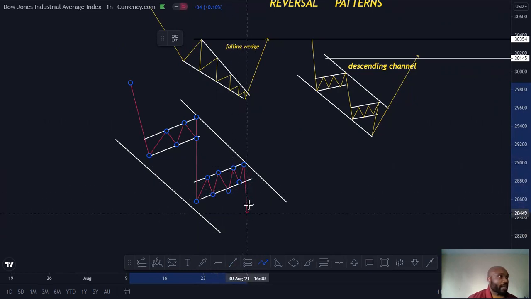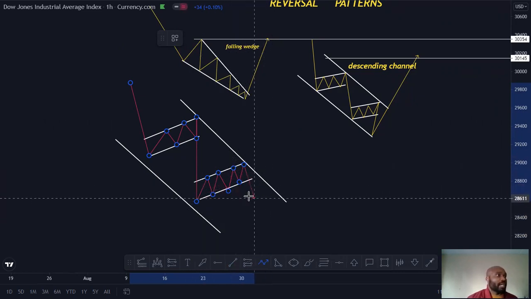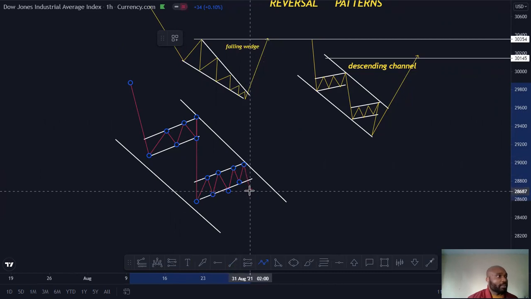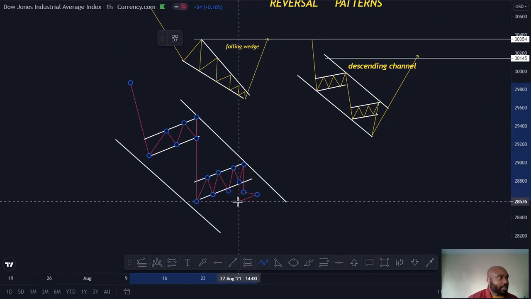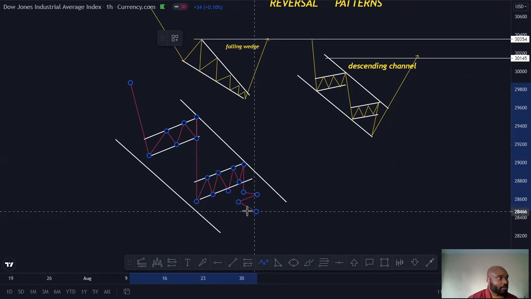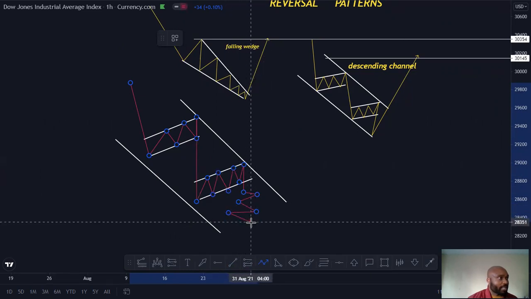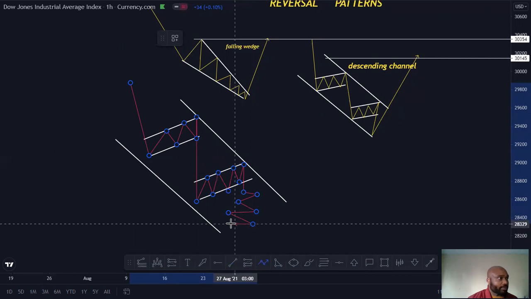Okay. So now here we want to see how we can actually take an entry inside the what? The descending channel. Also, we'll be looking for what? We'll be looking for a falling channel or a falling wedge.